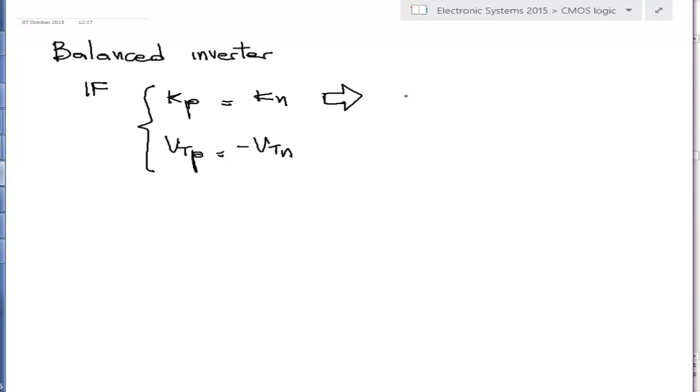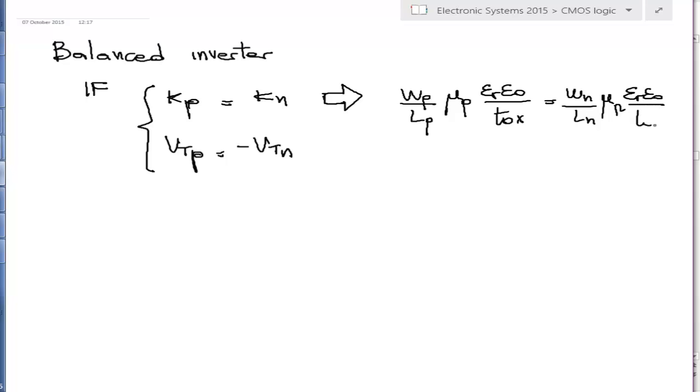So Wp over Lp times mu p times epsilon r epsilon 0 over Tox must be equal to Wn over Ln times mu n times epsilon 0 epsilon r over Tox.